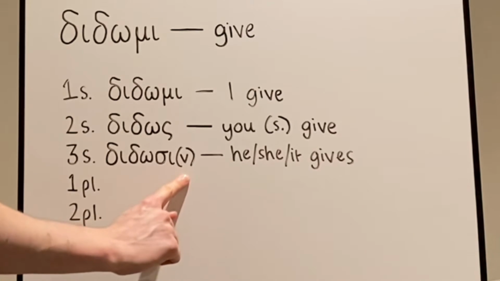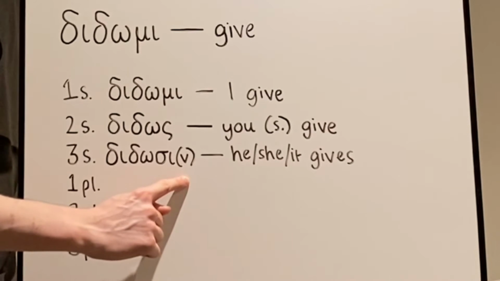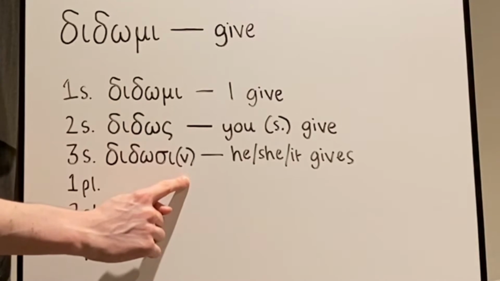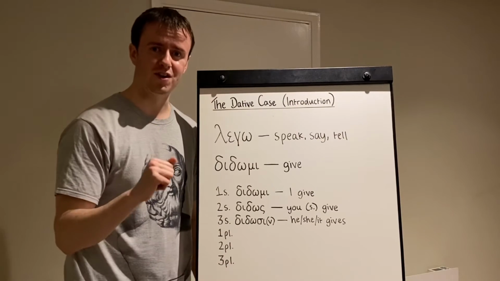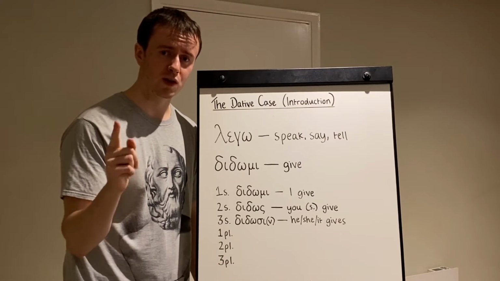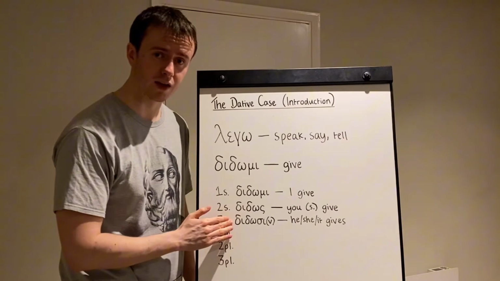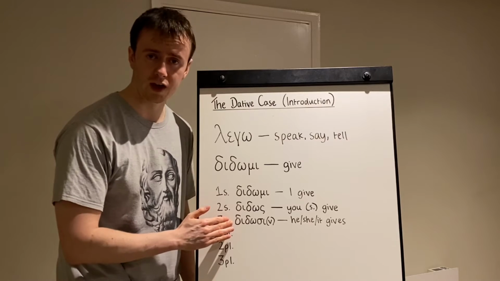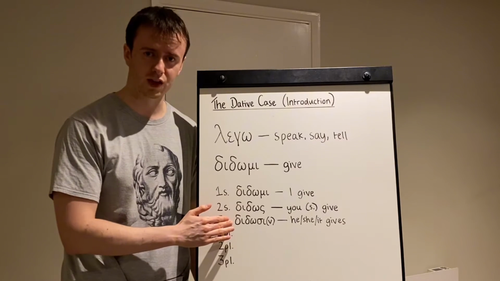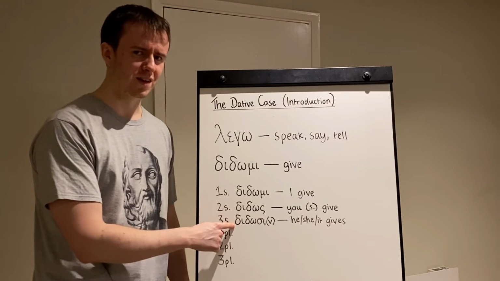And I've told you before that movable nu is added if the next word begins in a vowel. But I neglected to mention before that movable nu is also added if the verb appears at the end of the sentence, that is, as the last word in the sentence. In most cases, at least.